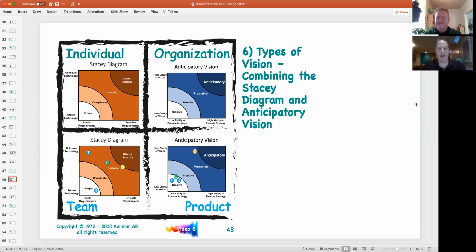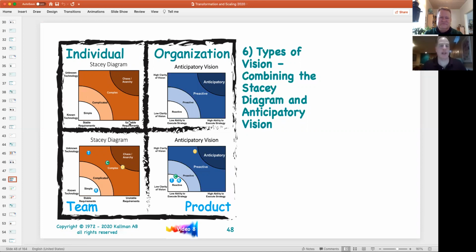Now check out this diagram. There's a lot going on here, but we're going to explain what this is. Now, the first in this 4 box, you have the individual, the team, the product, and the organization. As you can see, you have the colors of the tiles. The Stacy diagrams on the left talk about where we have known technology and stable requirements, but at the top edges, we have unknown technology and unstable requirements.